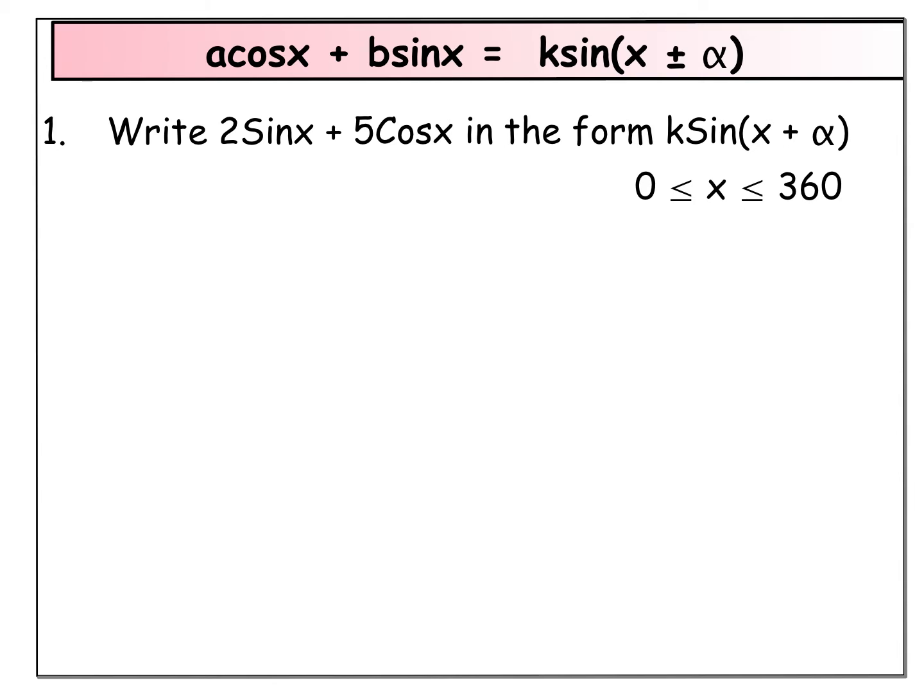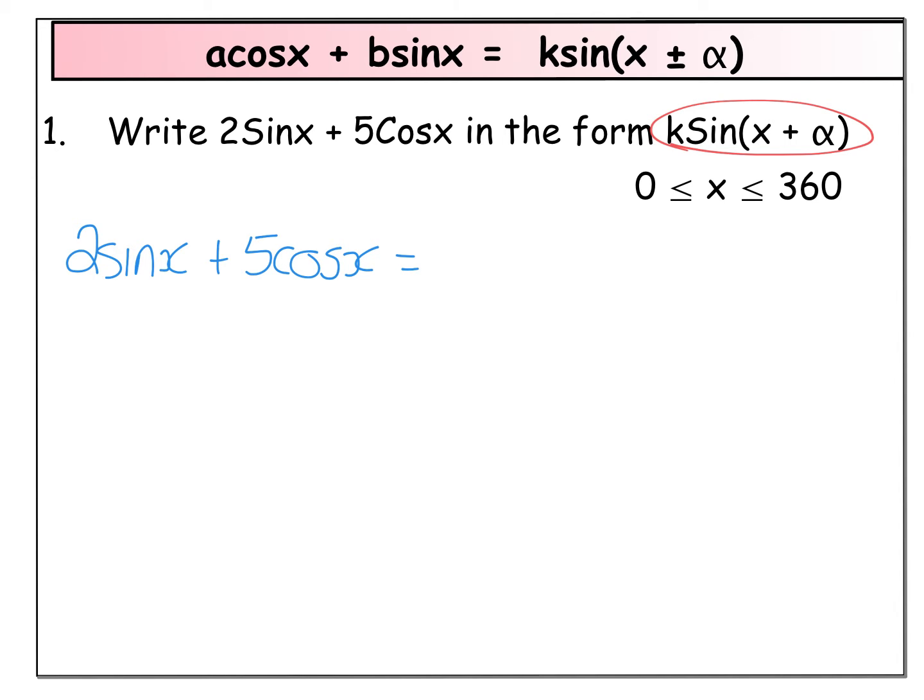So they ask us to write 2 sine x plus 5 cos x in the form k sine (x plus alpha). The first thing we're going to do is write that out as our expansion. So 2 sine x plus 5 cos x equals, and then your expansion for sine is the one that goes sine cos cos sine.